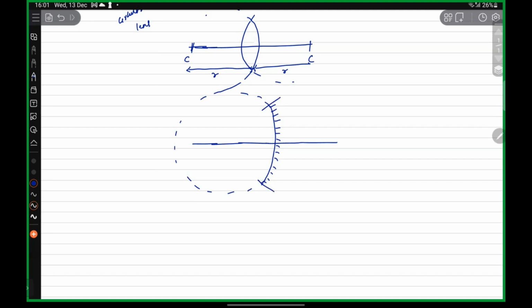Now, if you have a circle, there will always be a radius, right? This point is, let's say, the center of the circle. Now, this point in the principal axis is known as the center of curvature. Center of curvature is the center of the circle from which the mirror is derived.